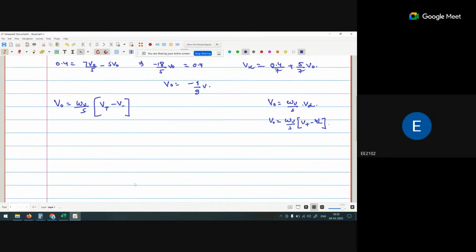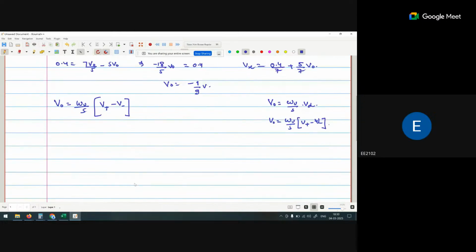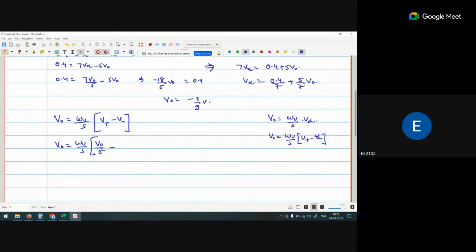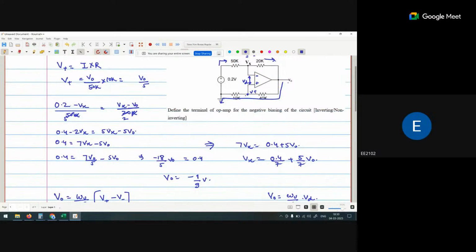Now V positive is V naught by 5. So V out is equal to omega u by s times V naught by 5 minus V negative. V negative is Vx, because Vx and V negative are both the same.